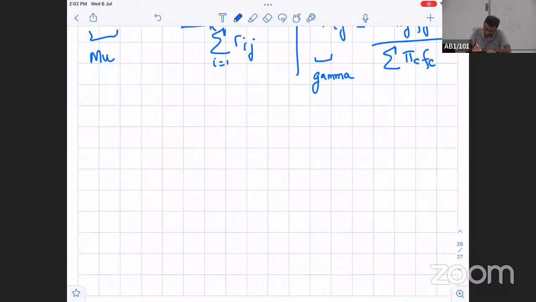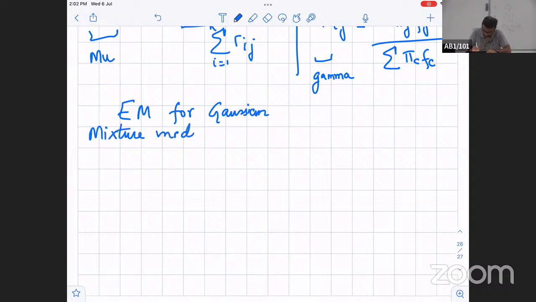So let me write that. What you will do is, first step, initialize: pick pi, mu, sigma squared.